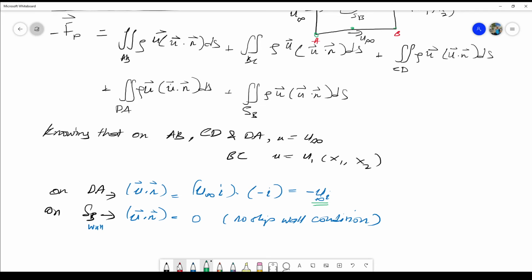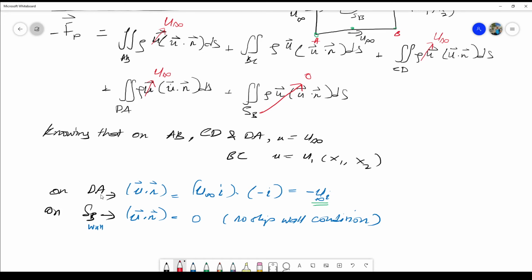So we can use this information and replace it in our equation here, where this term will be equal to 0 on the surface AB. The term u here is equal to u infinity on CD. So we have a u infinity as well, and then on DA we have a u infinity as well.